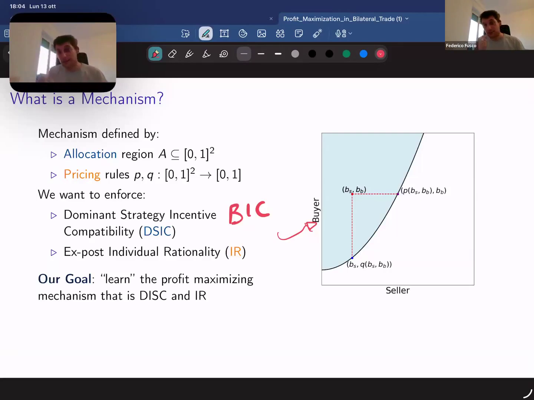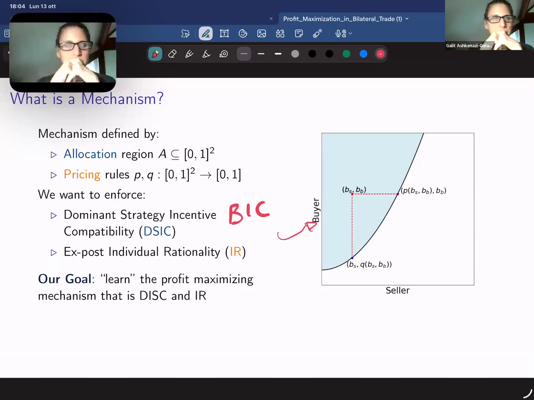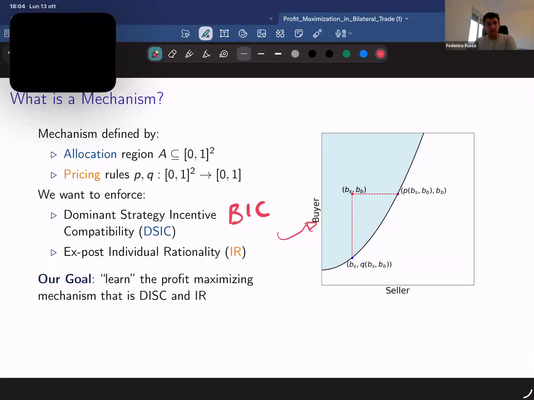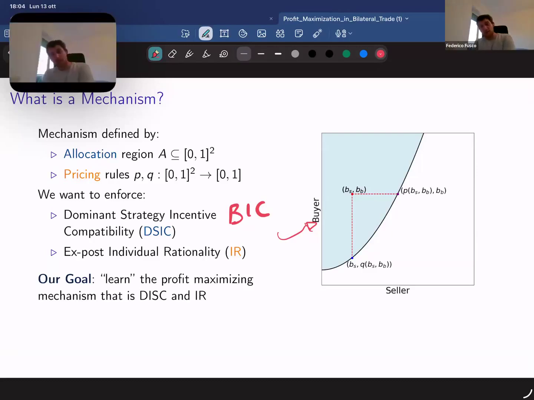Let me also add something here, because this is a question we have investigated. When you move from dominant strategy to Bayesian, the mechanism that you want to design is expected to know everything about the distribution of the agents in order to be robust with respect to misreporting.